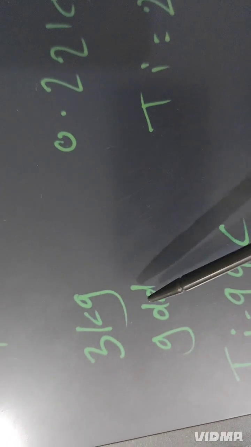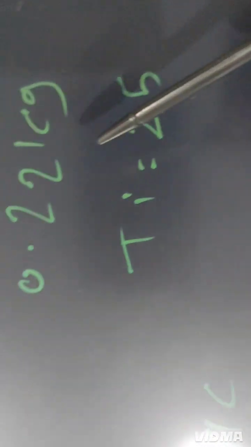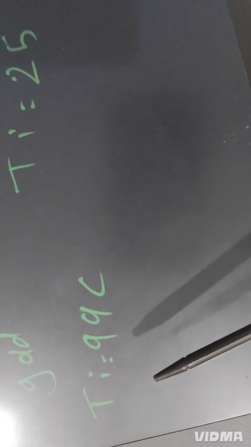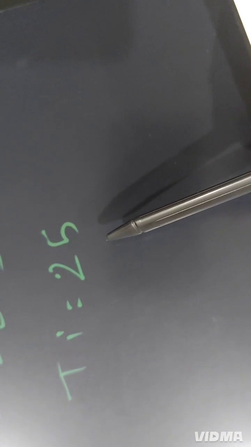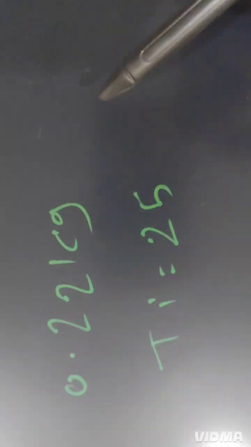So now we have the mass of the gold 3 kilogram and the mass of the water 0.22 kilogram, and the first temperature of the gold 99 Celsius, but the second temperature of the water 25 Celsius.